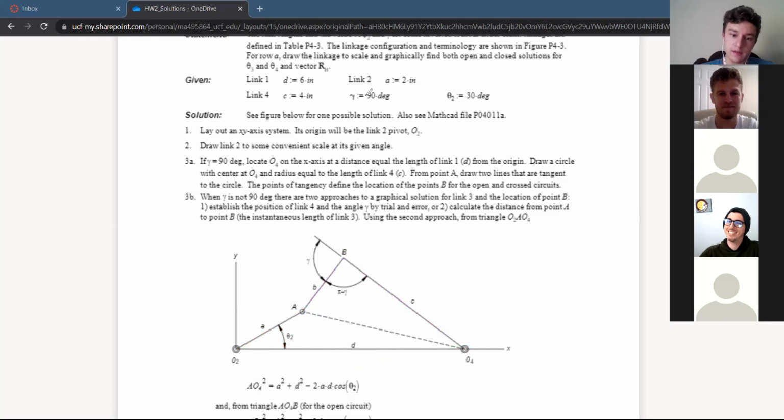You want to draw theta 3. Sorry, I believe that's your theta 3. Let me double check. No, I was right the first time.